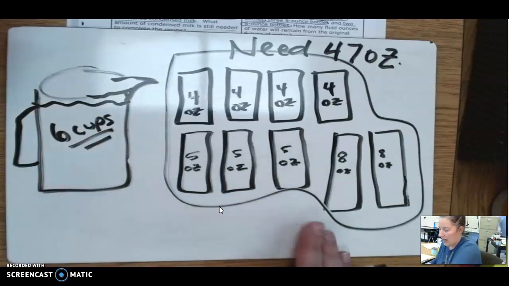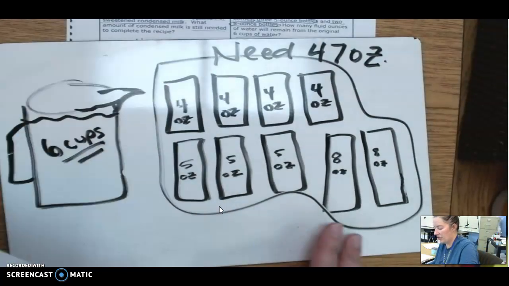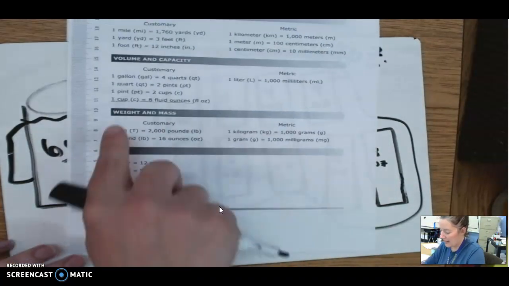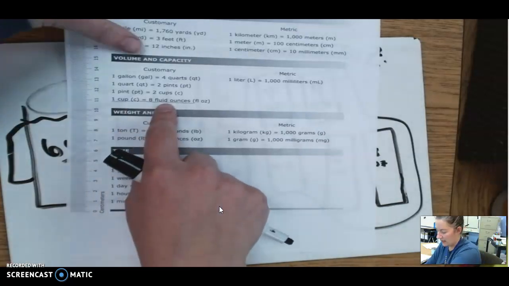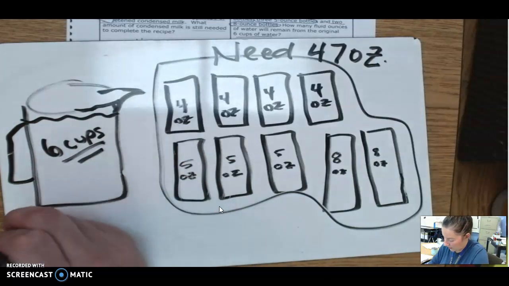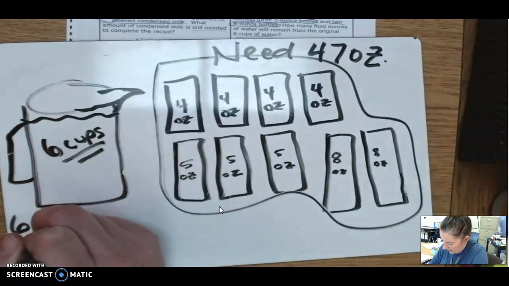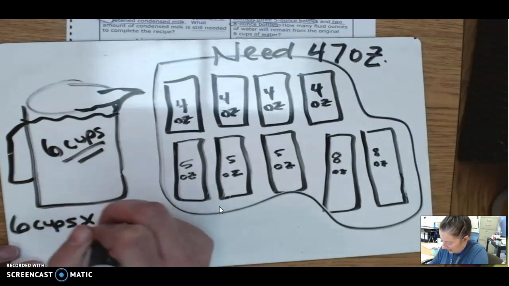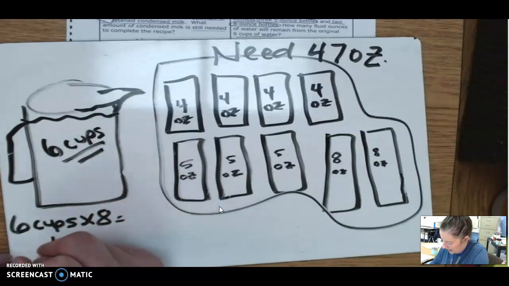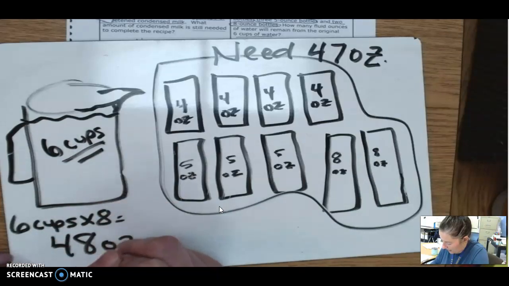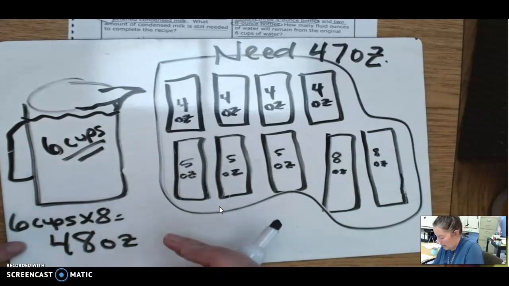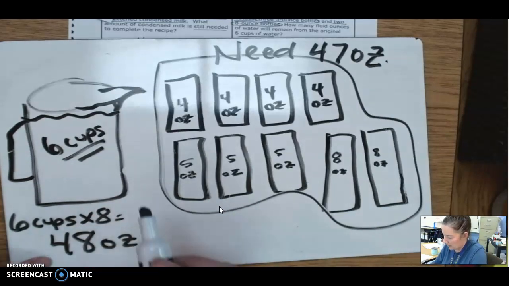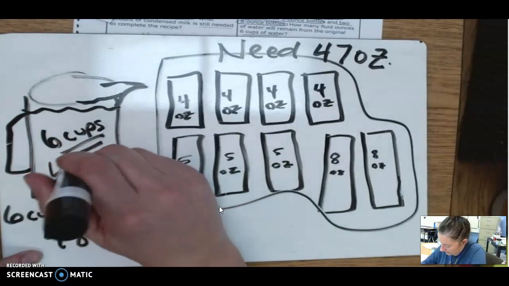We need to change cups to ounces for us here. So let's go back to our reference sheet. And we're back to actually cups and ounces. 1 cup is 8 ounces. So 6 cups would be how many ounces? 6 cups, it's 6 times 8. 6 times 8 is 48. So if 1 cup was 8 ounces, then 6 cups is 48 ounces.